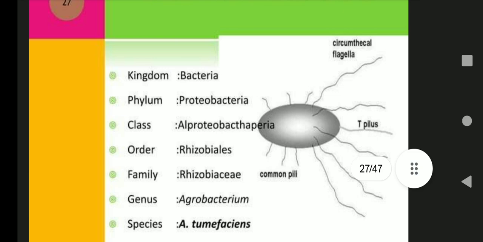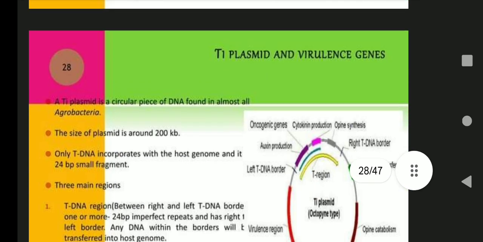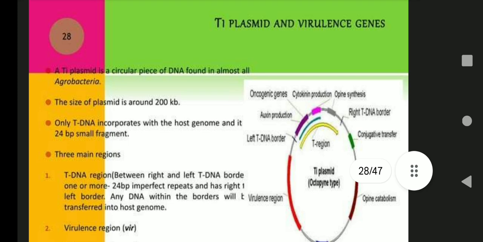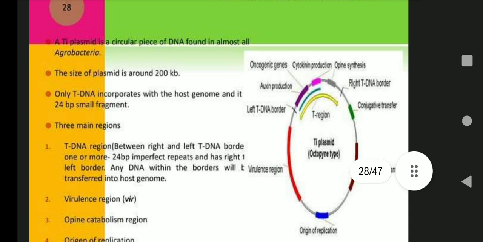Here is the structure of the bacterium Agrobacterium tumefaciens. Here is a plant Ti plasmid. The size of the plasmid is 200 kilobase pairs. Only T-DNA gets incorporated into the host plant genome, only a small fragment of 24 base pairs.